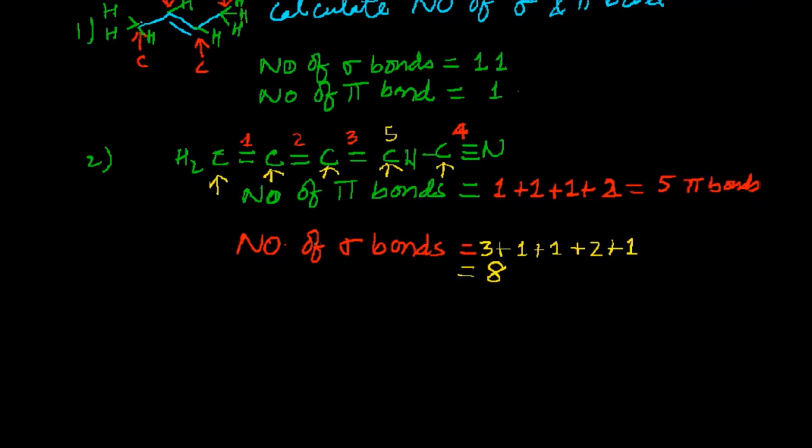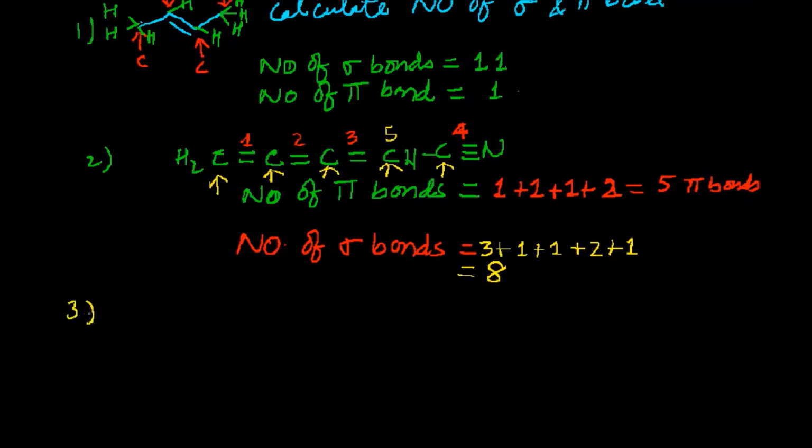So this is one very important aspect of carbon, that it is forming multiple bonds. Another type of question that is frequently asked is finding out the hybridization.